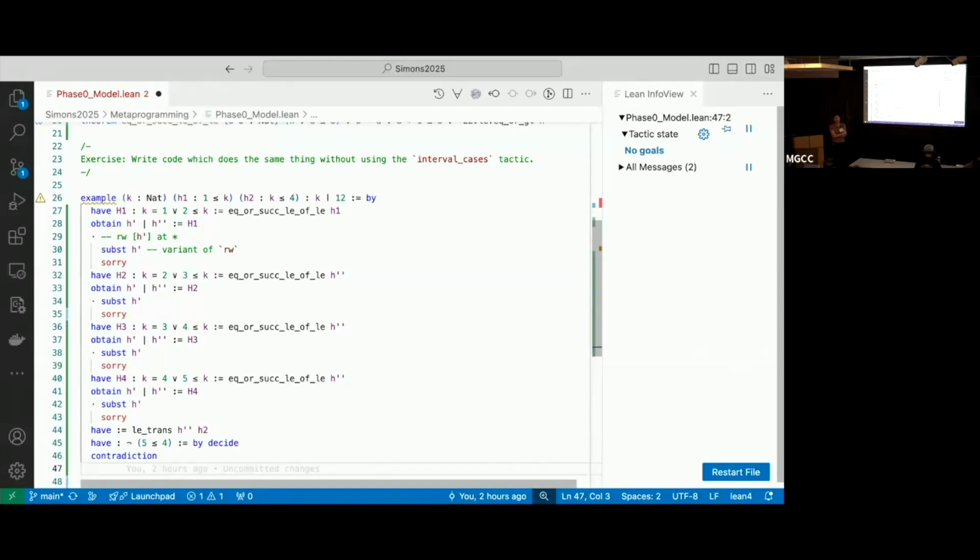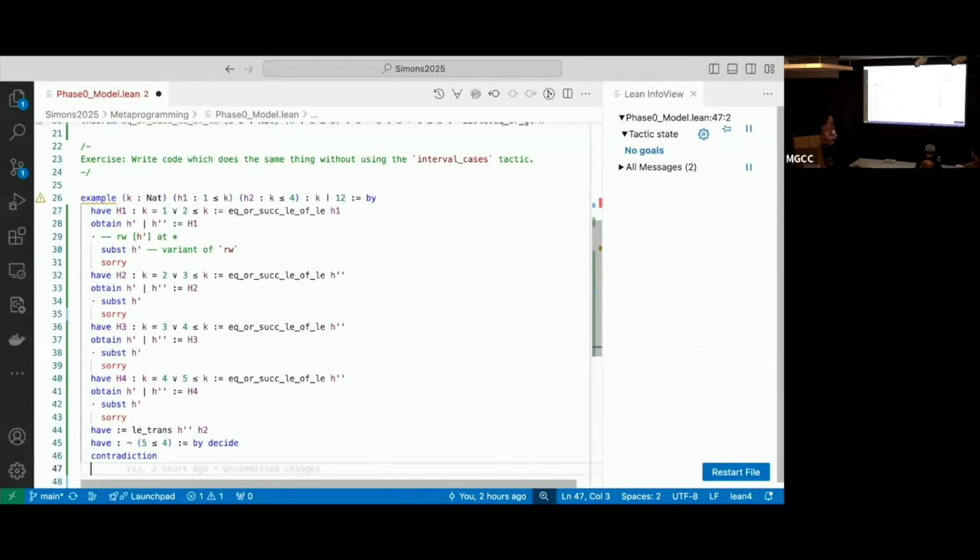So this is the kind of situation where you start thinking about writing a tactic, because clearly we did the same thing over and over and over again. And you can tell from context how many times is the right number of times to do it, because the algorithm is something like: you start at the lower bound and you keep on doing this until you reach the upper bound and then you derive the contradiction to finish.